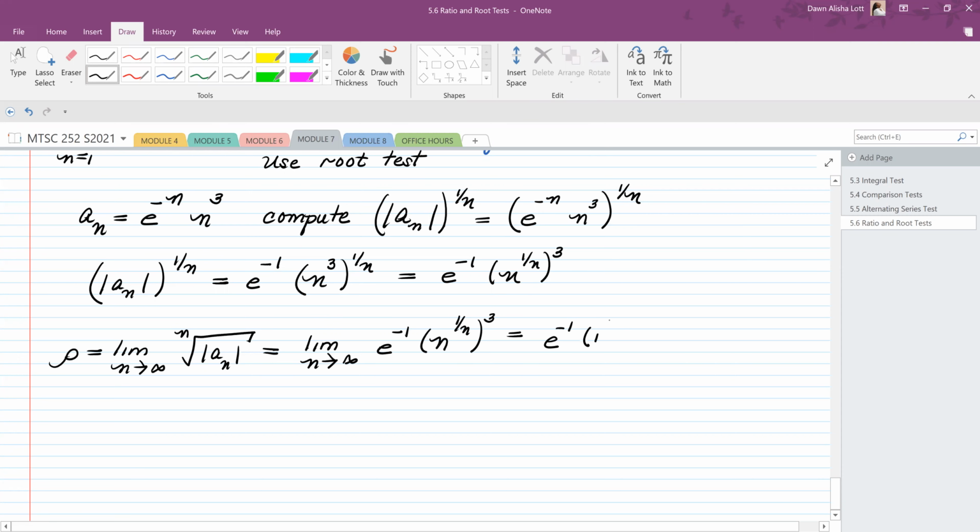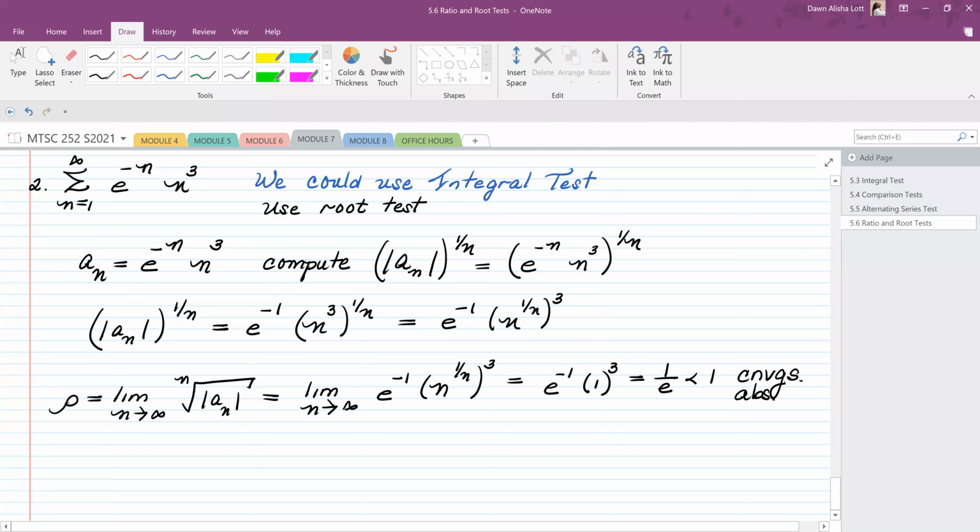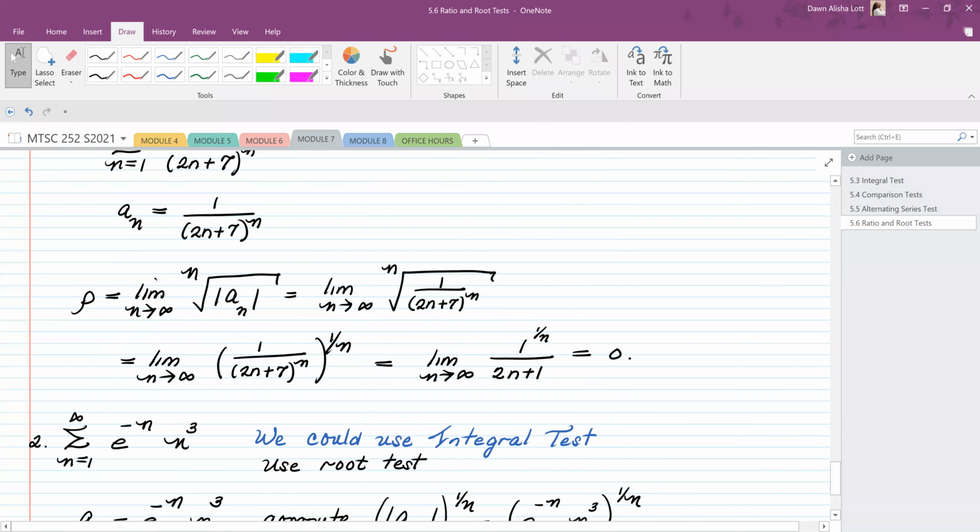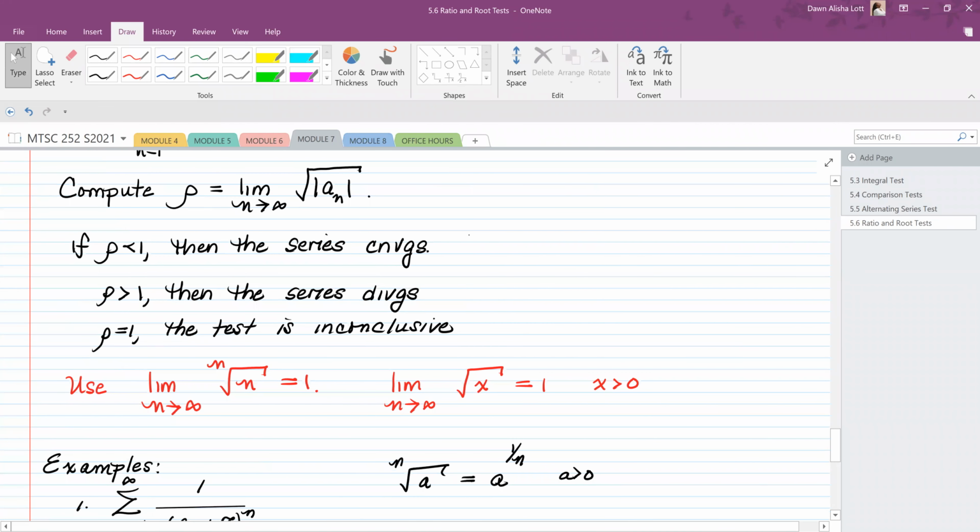This goes to 1 cubed. So I get 1 over e, which is less than 1, so it converges absolutely. Okay. What did I write here? Again, this series converges absolutely.